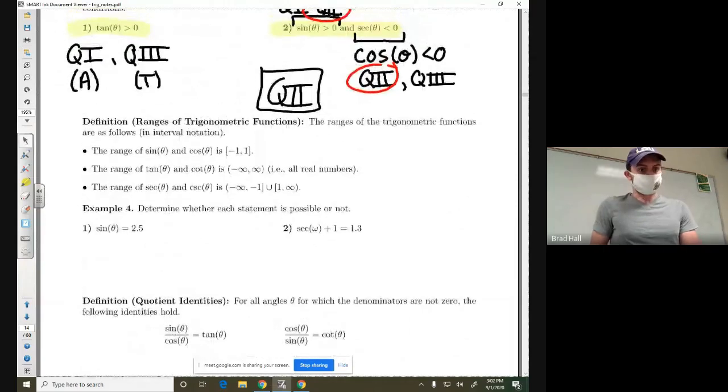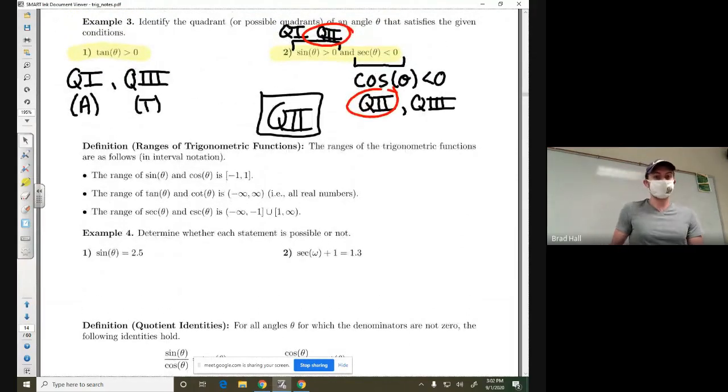Okay, so another thing, ranges of trig functions. So we talked about the signs of the outputs, whether they can be positive or negative, but what kind of values are these outputs? What are the sizes of these outputs? Is there any way to restrict them or know what these look like?